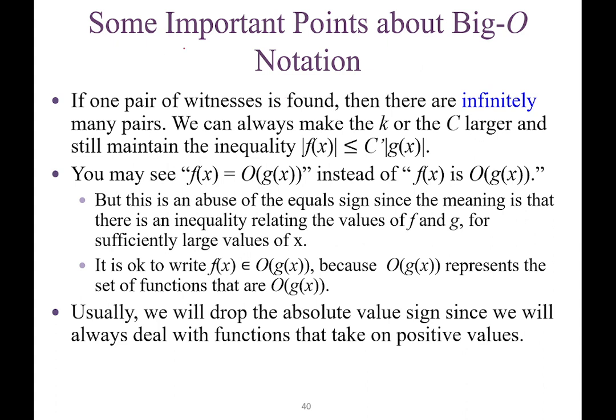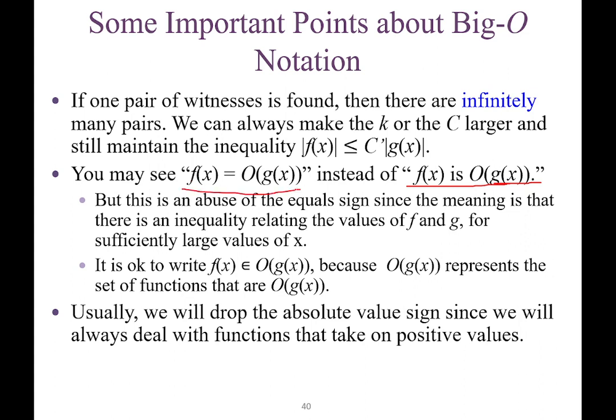So there are infinitely many pairs of witnesses. And just like I said, the correct way to indicate this relationship is f of x is big O of g of x. This means it's like a set or family, where the functions have the same order of growth.